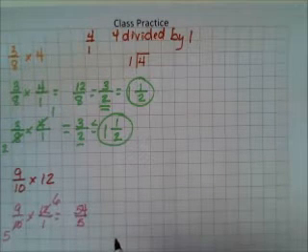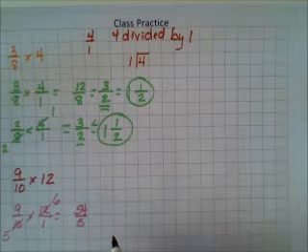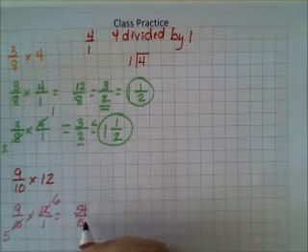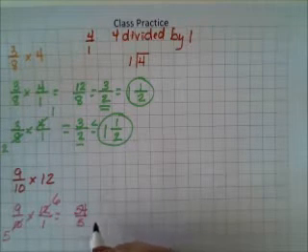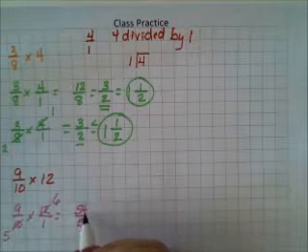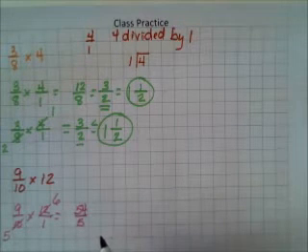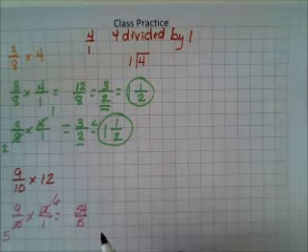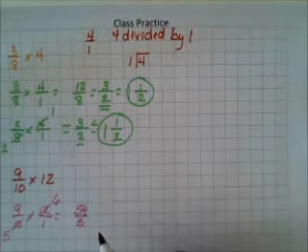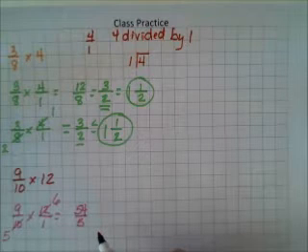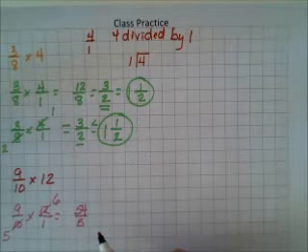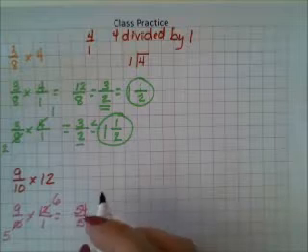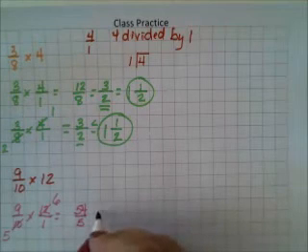Okay, at this point, I need to simplify and change this into a mixed number, all right? So 54 divided by 5 is what? Okay, 9 times 6 is 54, right? 5 times 10 is 50.